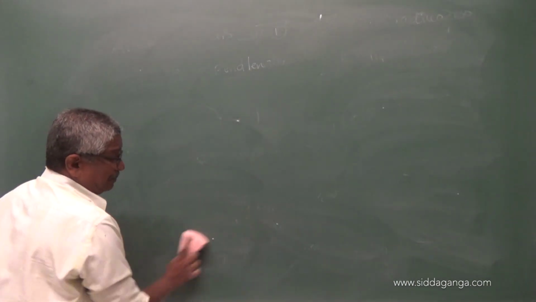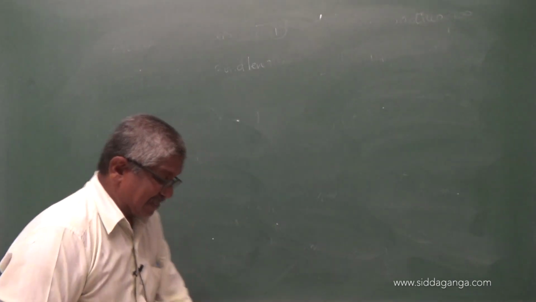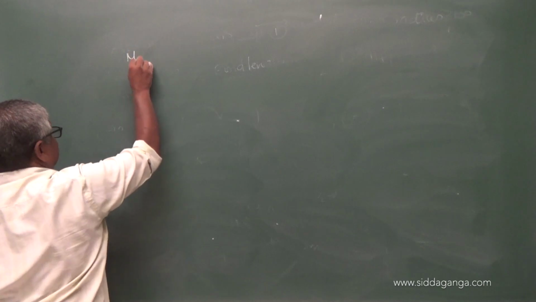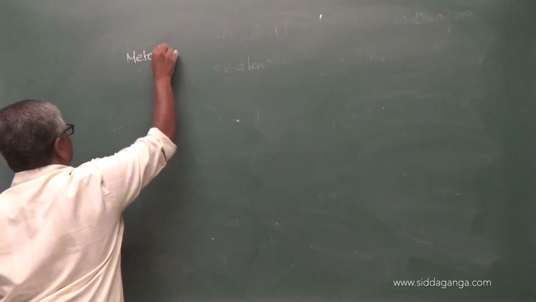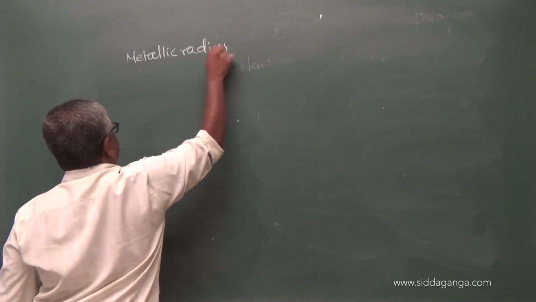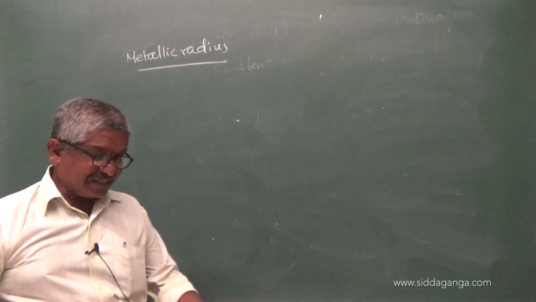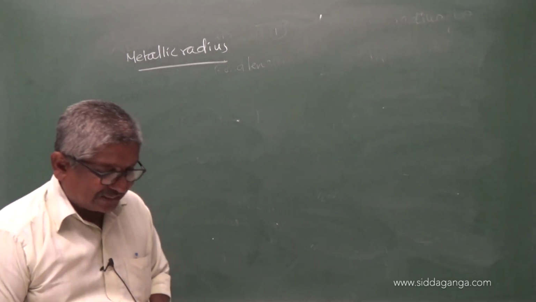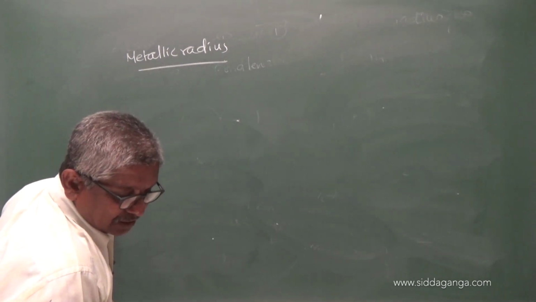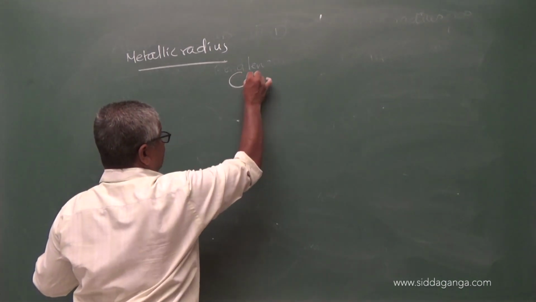If copper and copper atoms are not connected, it is van der Waals. So now, metallic radius. Metallic radius is the internuclear distance separating the metal cores in the metallic crystals.